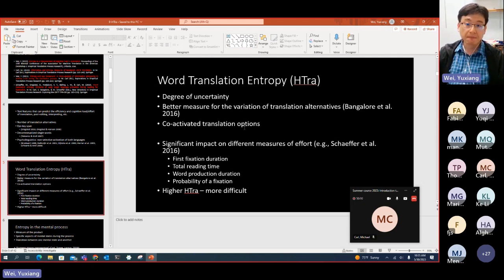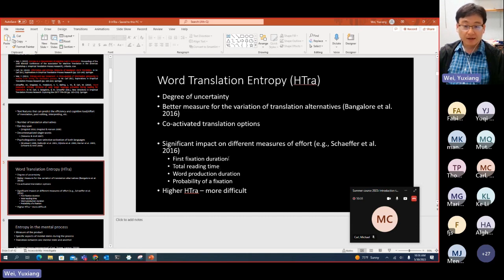Again, empirical studies have shown a statistically significant impact of word translation entropy on various measures of effort, including the fixation-based effort from the eye movement data, involving both early measures, namely first fixation duration, and total reading time.